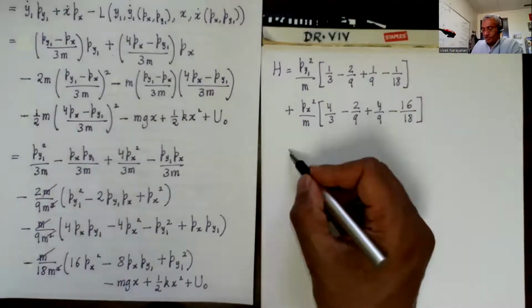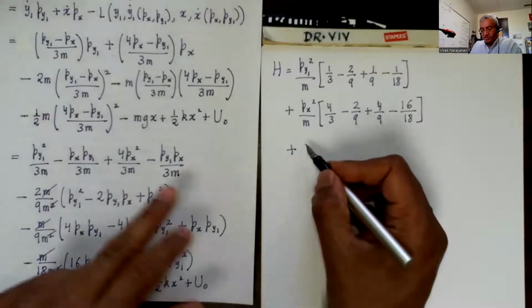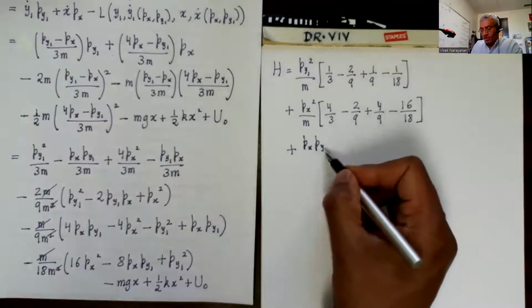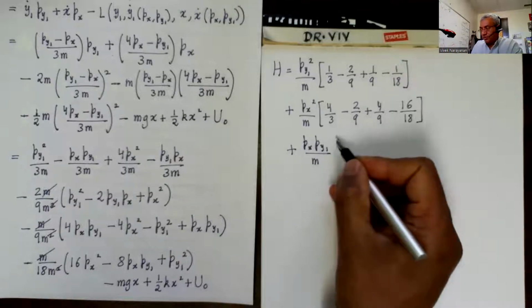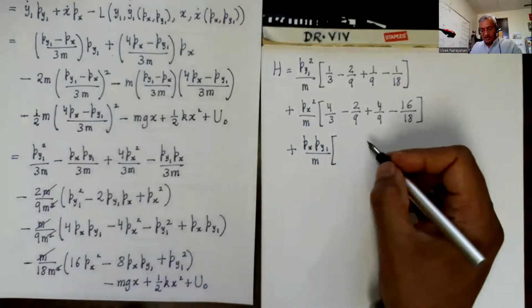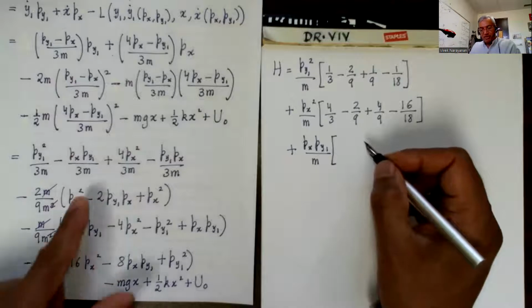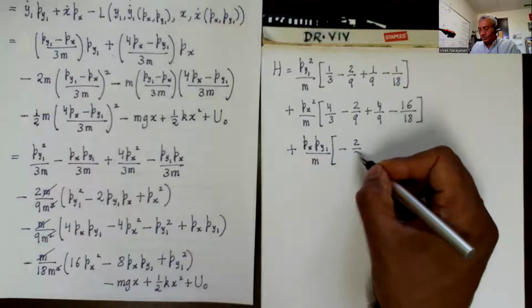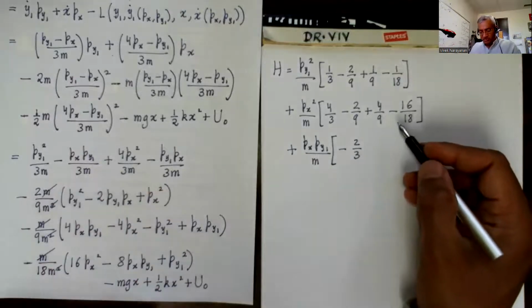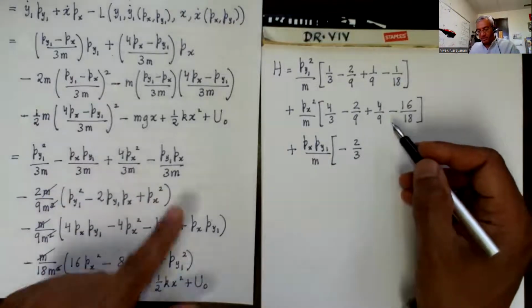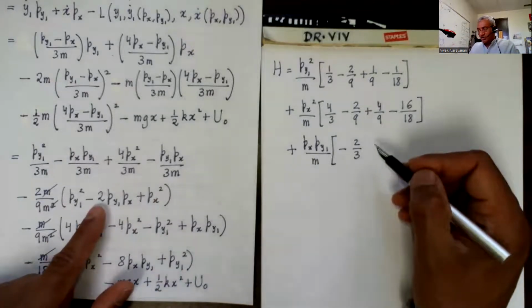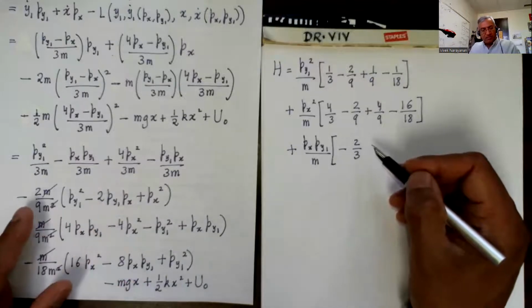Now the middle term, I mean the product, px py1 divided by m. What does that multiply? First of all, you notice that there's the same term twice, so that's going to be negative 2/3 because it's negative 1/3 and negative 1/3. And then I have negative 2 and negative 2.